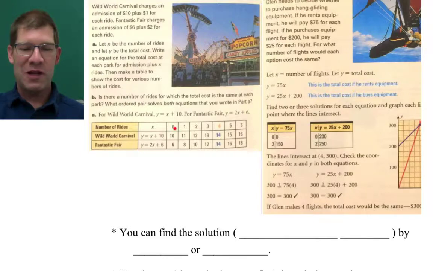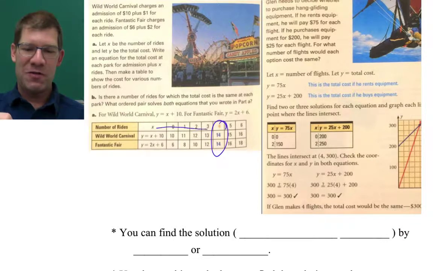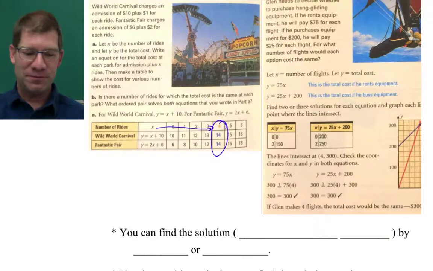So we could go through and say, for 0, this is what each one costs. For 1 ride, this is what each one costs. 2 rides, and so on. And if you go across, we end up with this point right here, maybe I'll just circle it: for the x value of 4, they both cost $14.